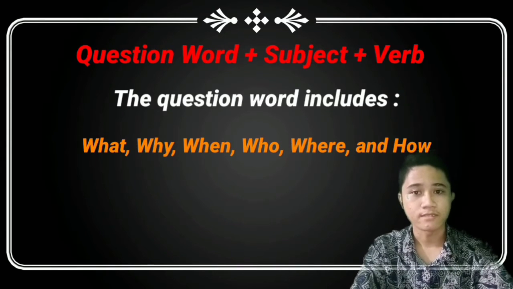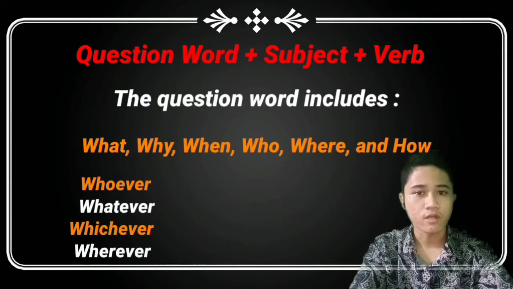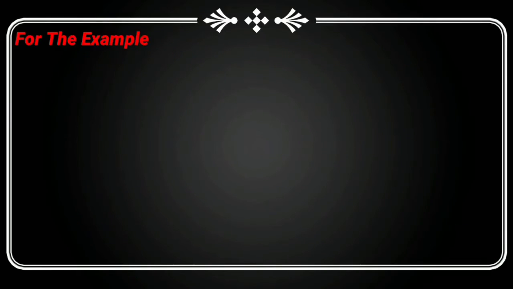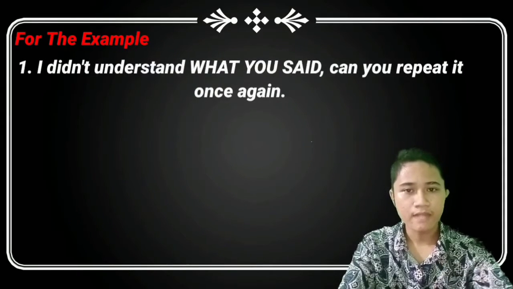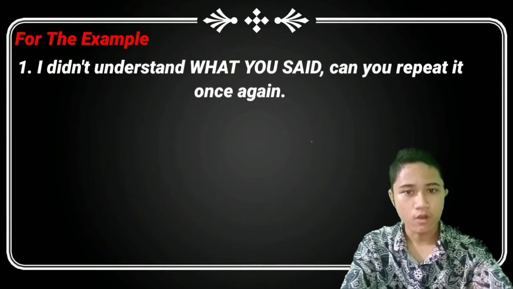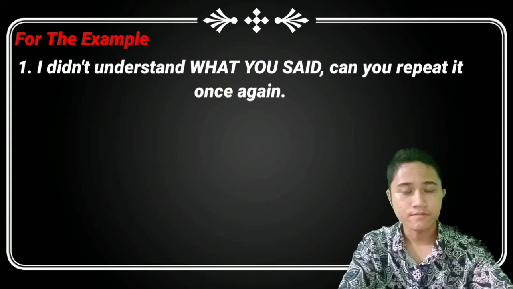But not only that, words like whoever, whatever, whichever, wherever, whose, whom, whomever are also included in the question words. For example, I didn't understand what you said. Can you repeat it once again? What you said there uses the question word what.